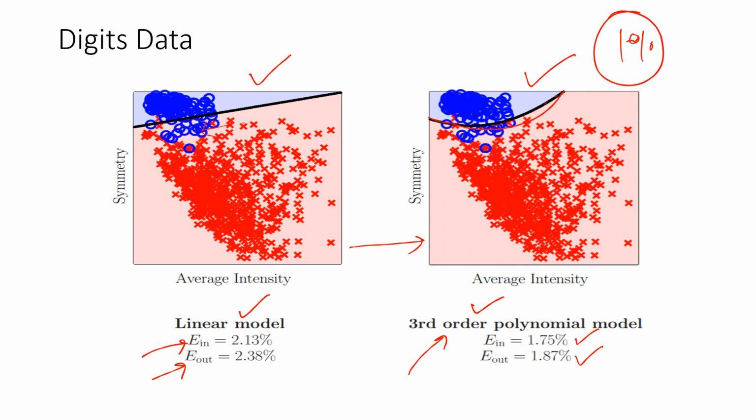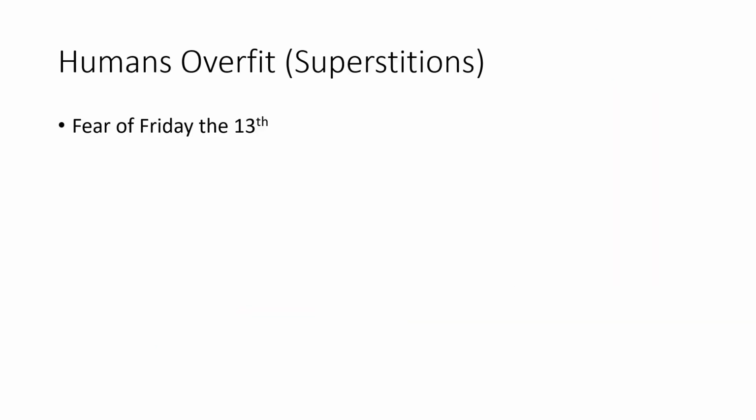Okay, so this was the last lecture, and now we are moving to something that's known as overfitting. We saw a small illustration where we went overboard, trying to fit a really complex function, and we saw that E out wasn't as impressive as we would like it to be. That's where the idea of overfitting comes from. And generally humans have this tendency to overfit. We have superstitions, for example, the fear of Friday the 13th.